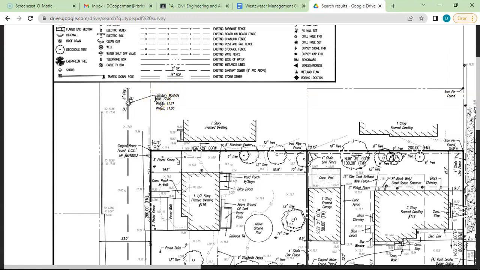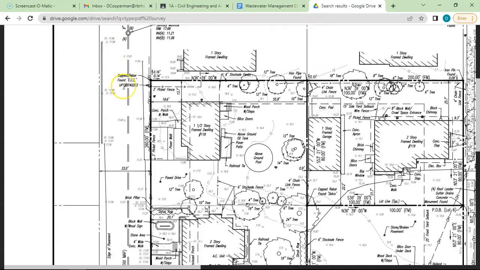So we have a sanitary manhole. The rim is 17.66. That's where the manhole is at ground level. And then if you pop open the manhole, you have an invert elevation of 11.21 for A, and then 11.06, which is B. So B is lower than A, so it's moving in this direction. This is the downstream one.